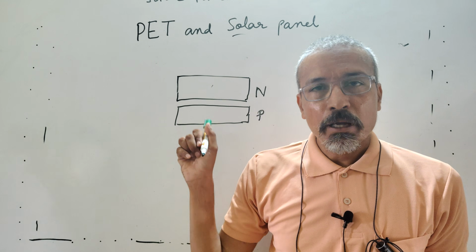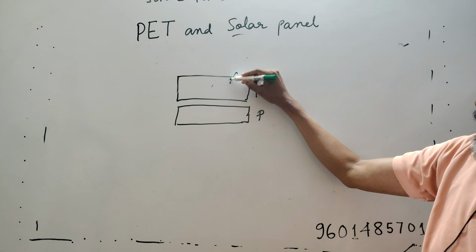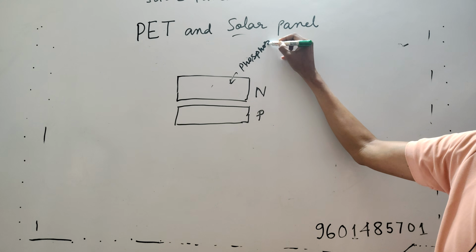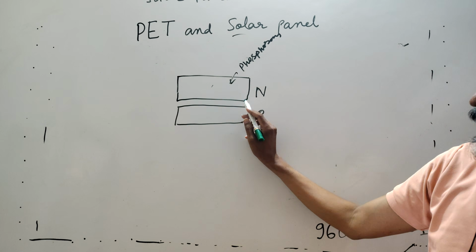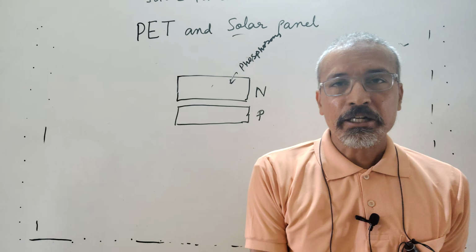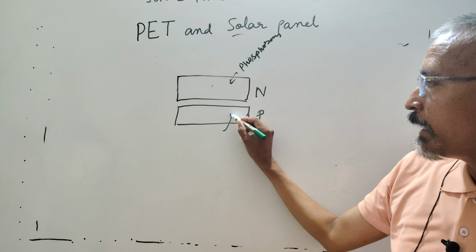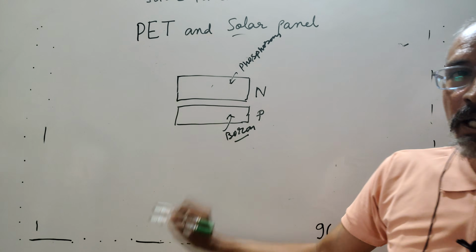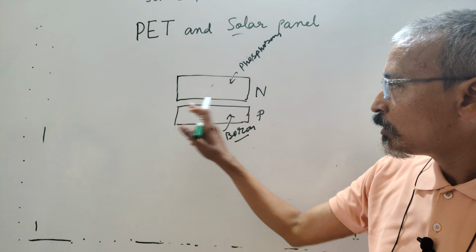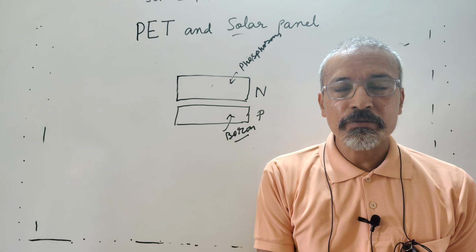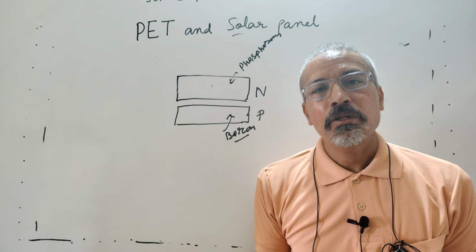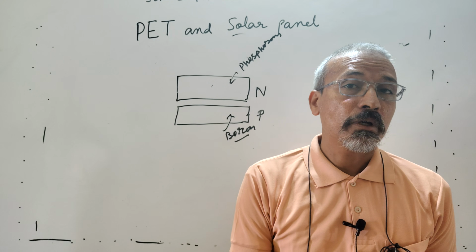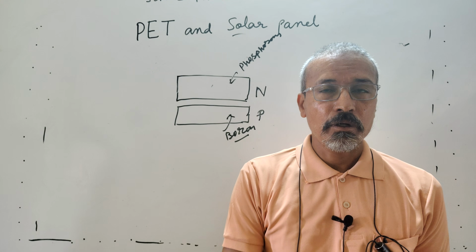N-type, because by mixing with this silicon phosphorus, we make it electrically charged, and by adding boron in p-type silicon, we create the positivity. So in n-type there is higher negativity, and in the p-type the higher positivity.